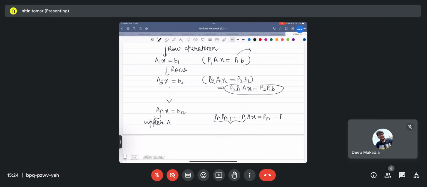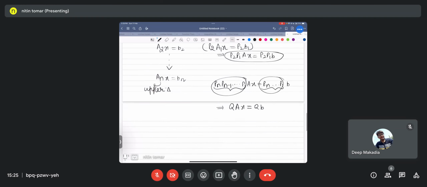Am I correct? So eventually all of this product will be some invertible matrix. Let's say QAx is QB. So whatever solution you get here, let's say you get some y which solves this system, which means QAy equal to QB. Now because Q is invertible, you will have Ay equal to B. So this y is also solving the original system. Okay? Is this clear? y is also solving the original system.